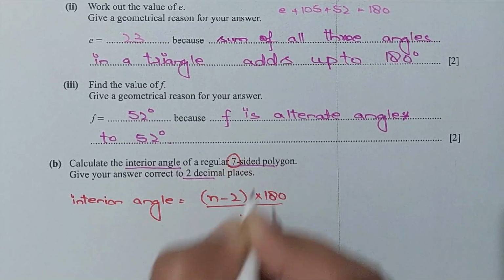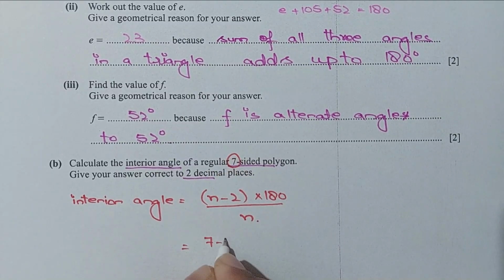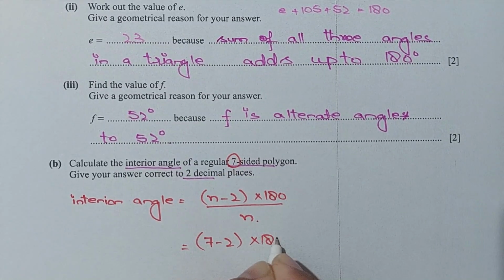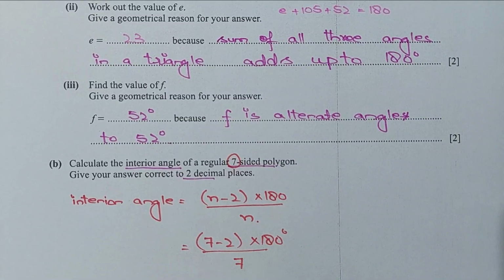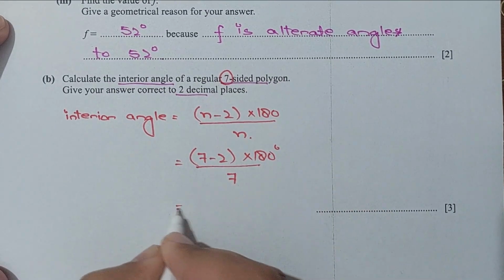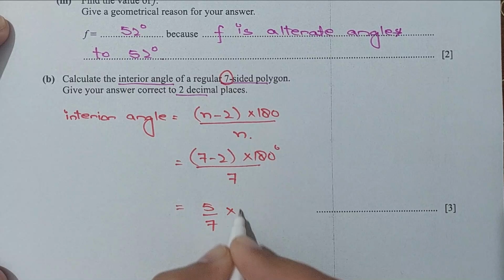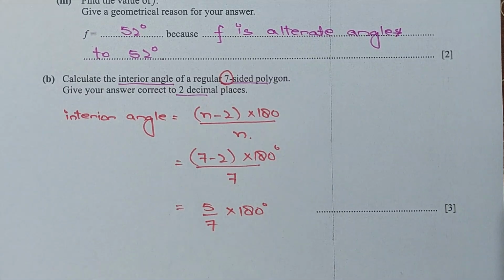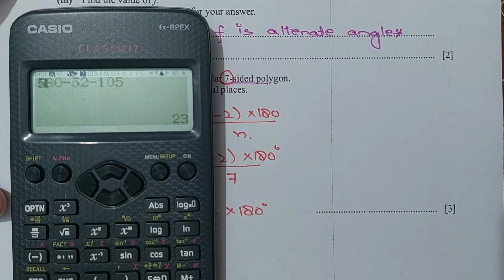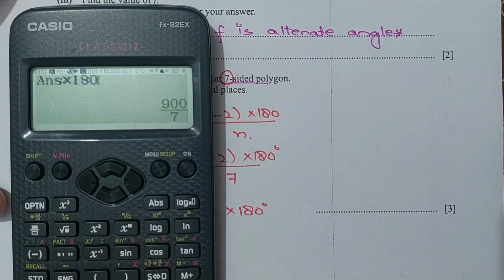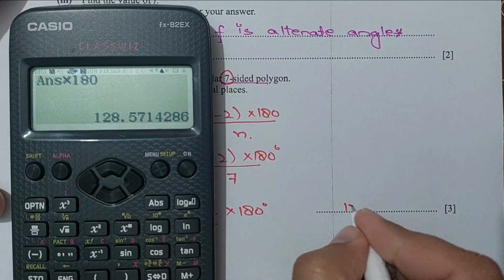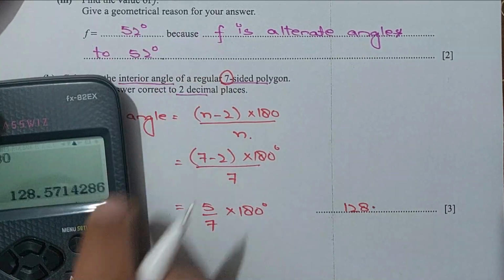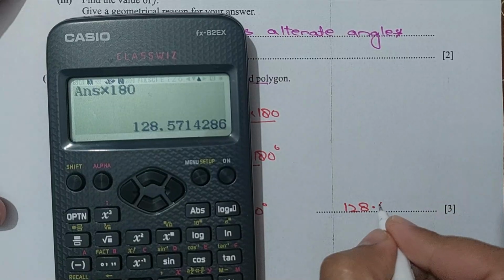As we know, the number of sides is 7. 7 minus 2 times 180 degrees divided by 7. 7 minus 2 is 5. 5 over 7 times 180 degrees. This would be the interior angle. 5 out of 7 times 180 is 128.57 degrees to 2 decimal places.